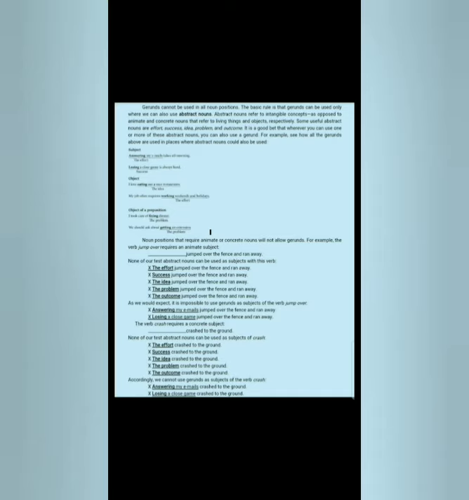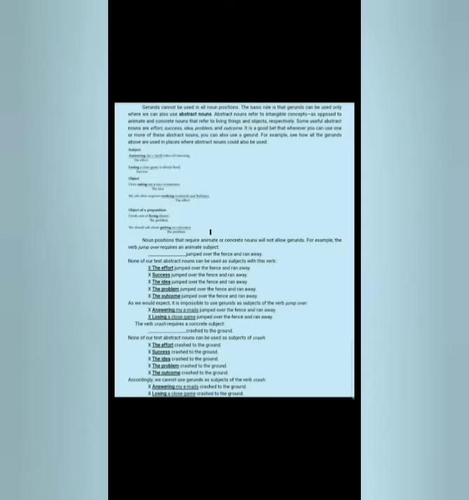The basic rule is that gerunds can be used only where we can also use abstract nouns. Abstract nouns refer to intangible concepts as opposed to animate and concrete nouns that refer to living things and objects, respectively. Some useful abstract nouns are effort, success, idea, problem, and outcome.